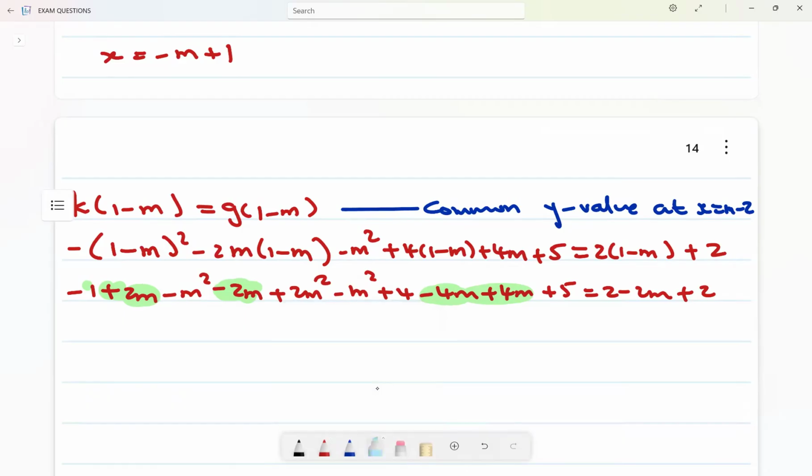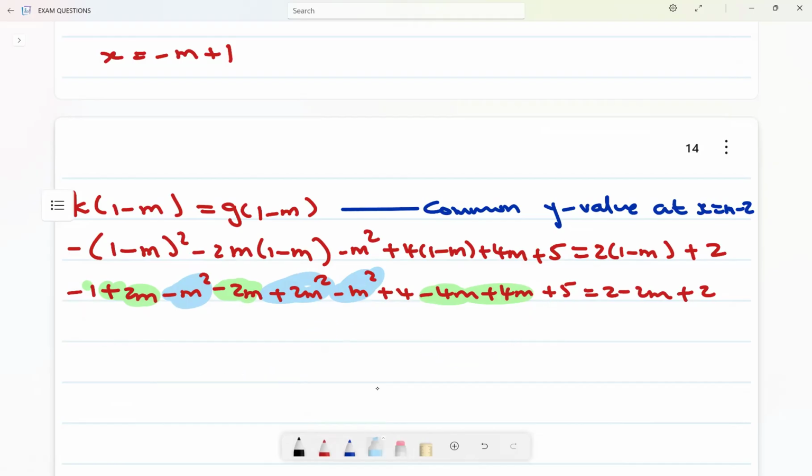Okay. And then negative m squared minus m squared, it is negative 2m squared plus 2m squared, they cancel. And then I'll be left with what? Basically, I'll be left with negative 1 plus 4, which is 3. 3 plus 5 is 8.